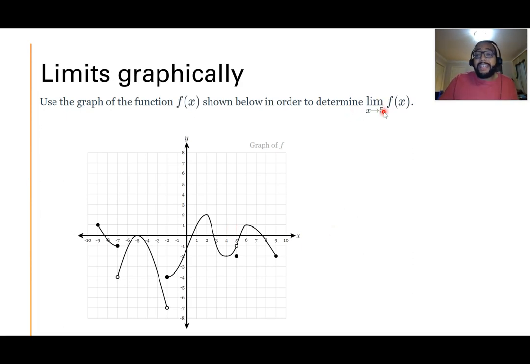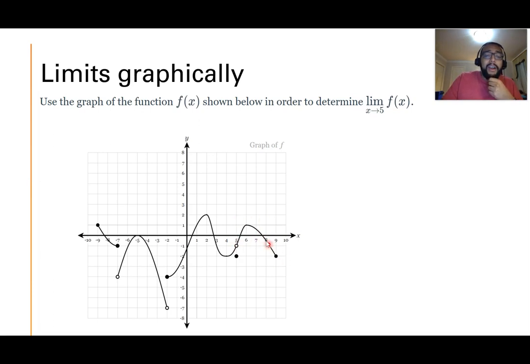So the left-hand side of 5. What do I mean by left-hand side of 5? The values that are smaller than 5. Right-hand side means greater than that. So here, the values that are less than 5 are going to be these values here. As this starts to approach 5, it looks like we're approaching negative 1. So the left-hand side is going to approach negative 1. What about the right-hand side? Again, the values are bigger than 5.